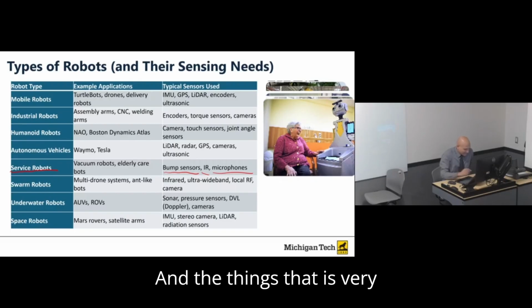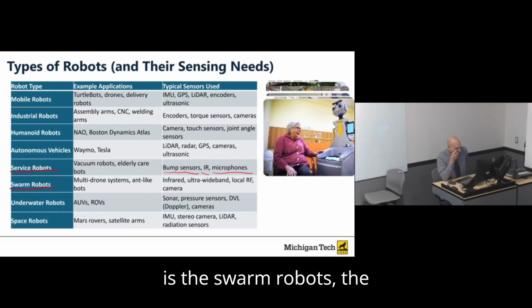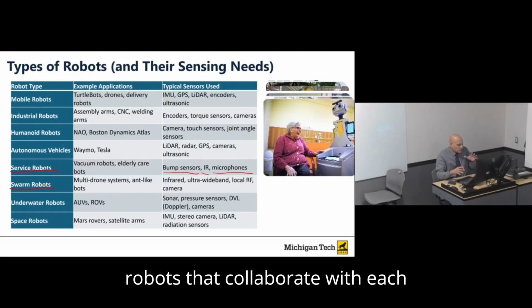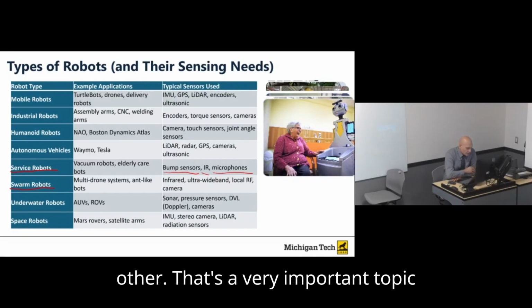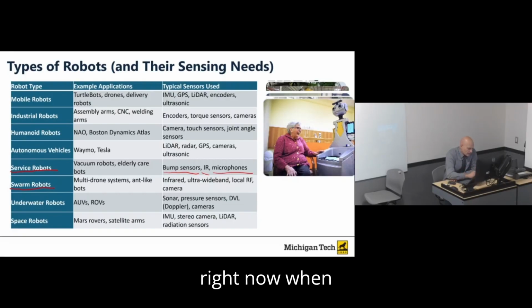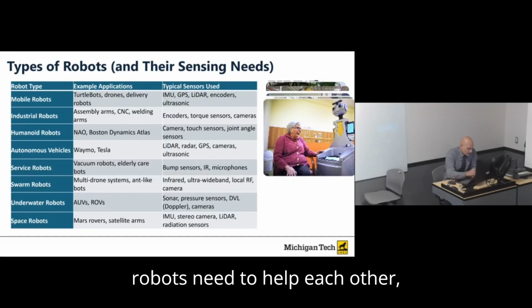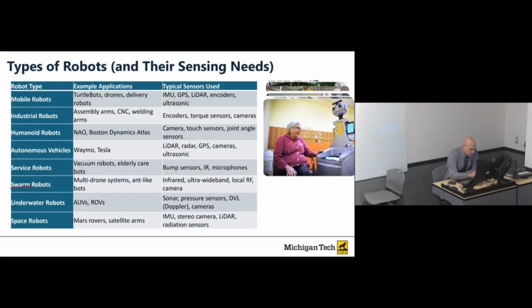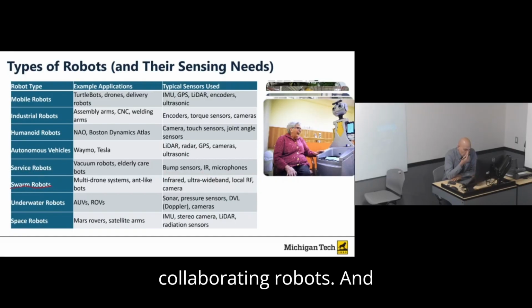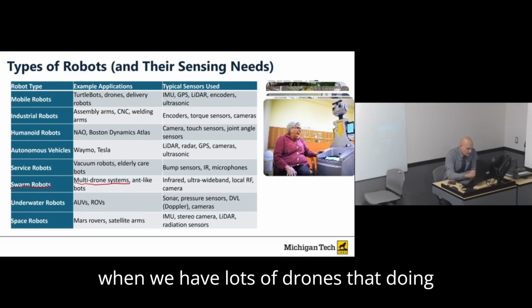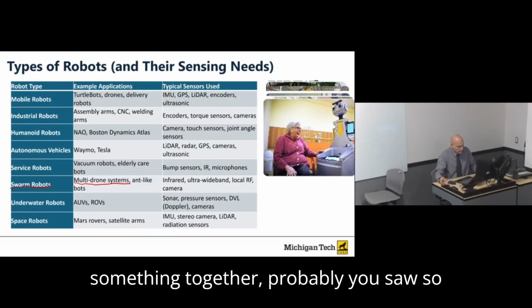And something very important and interesting is swarm robots, robots that collaborate with each other. That's a very open topic right now, when robots need to help each other, collaborating robots, and multi-drone systems, when we have lots of drones doing something together.